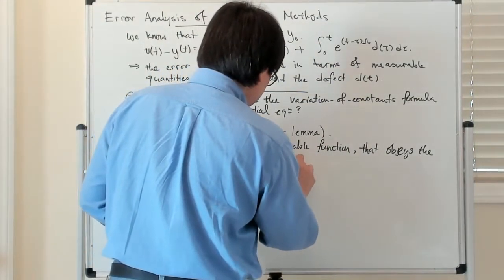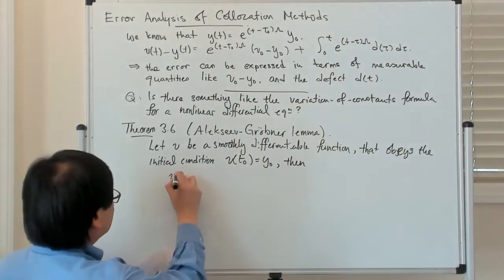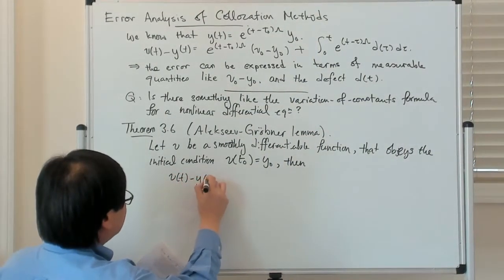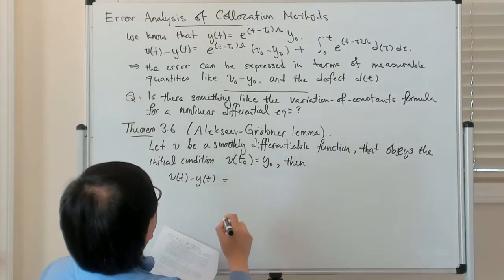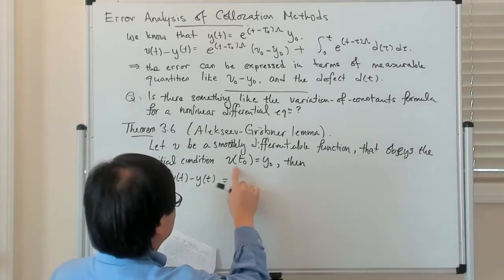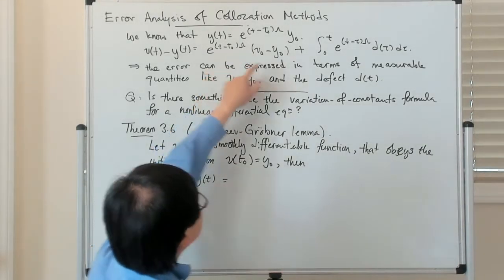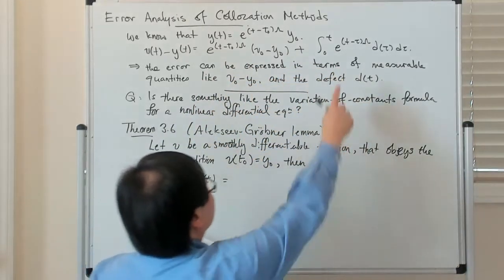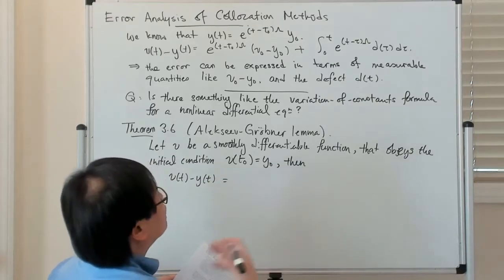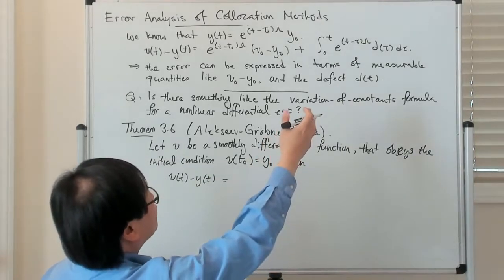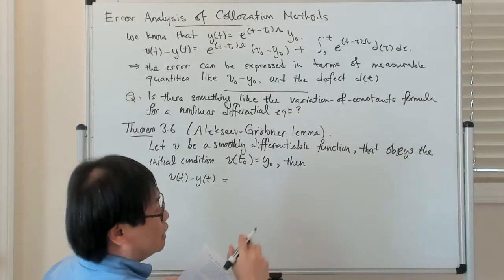Then this error, v of t minus y of t, satisfies this kind of relationship. Of course, if v at t0 is y0, then this term at the top vanishes, and you're just left with this integral term. So we're hoping to get something like that integral term, which relates the defect and some sort of operator integrated over the time domain to the error.